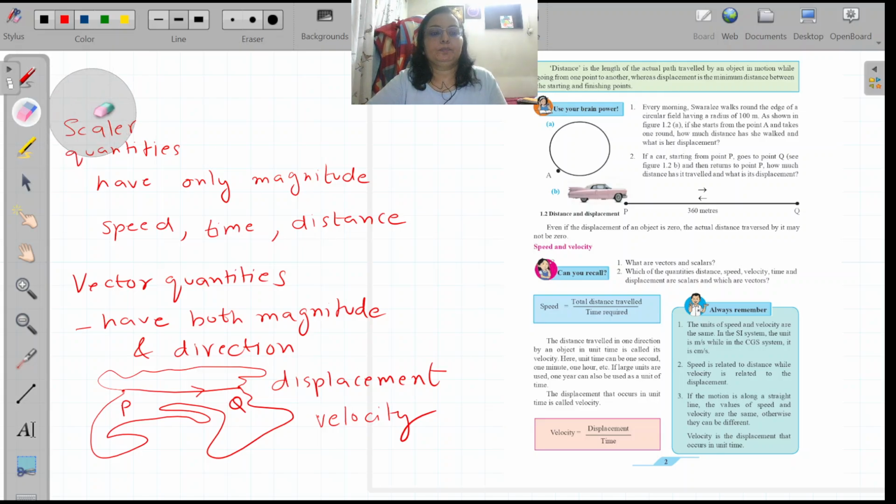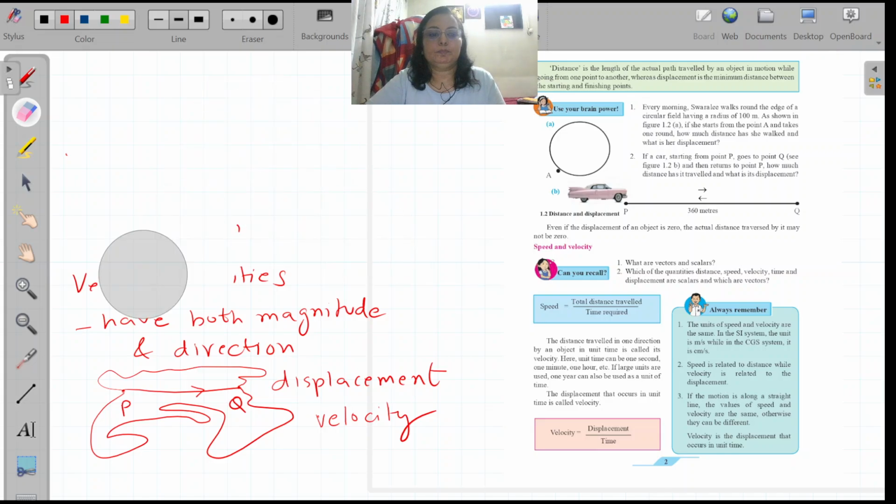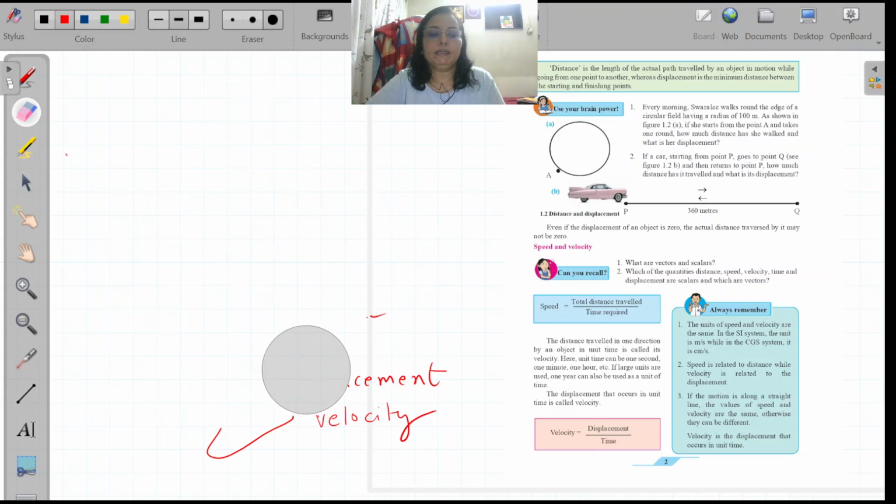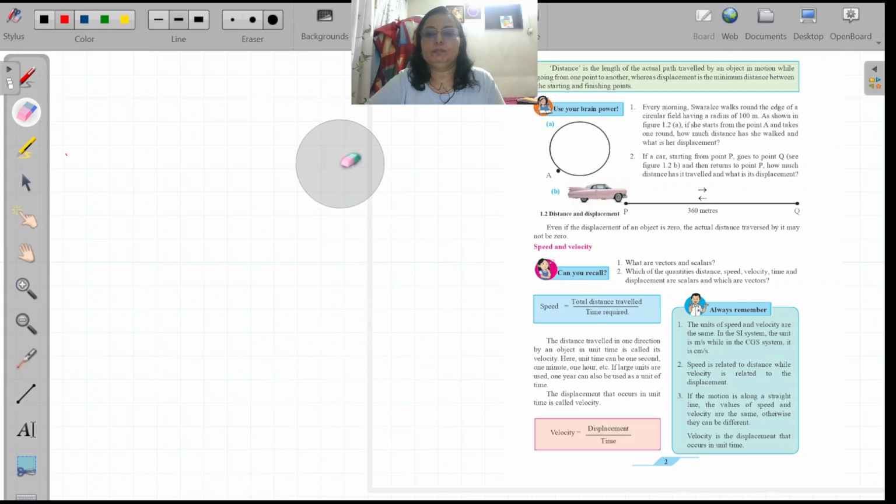Now let's understand speed and velocity more clearly through another example.